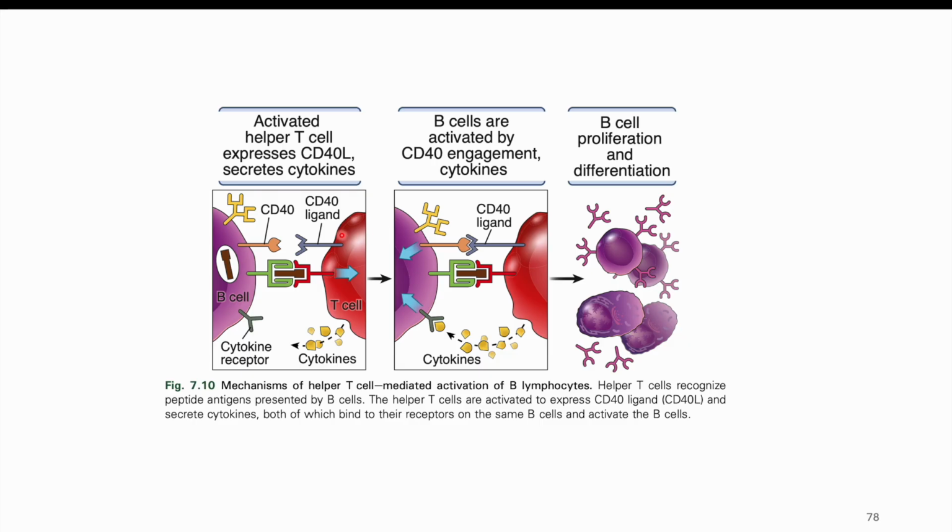So not only does the B cell receptor need to be recognized by the T cell, there are also other co-receptor molecules associated with this interaction to make sure that only our own cell is being activated.